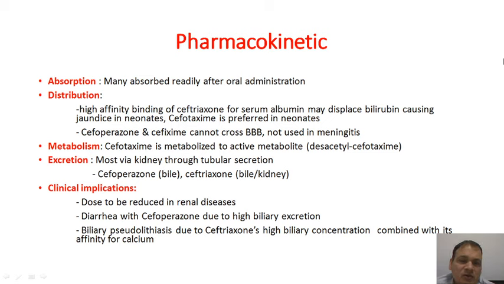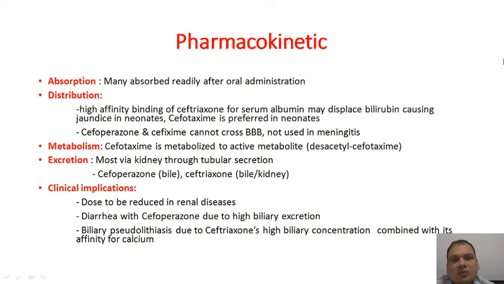So there is no requirement of dose reduction for cefoperazone. And ceftriaxone, since it is partly excreted through bile and partly through kidney, the dose reduction may be a little bit less. Okay.